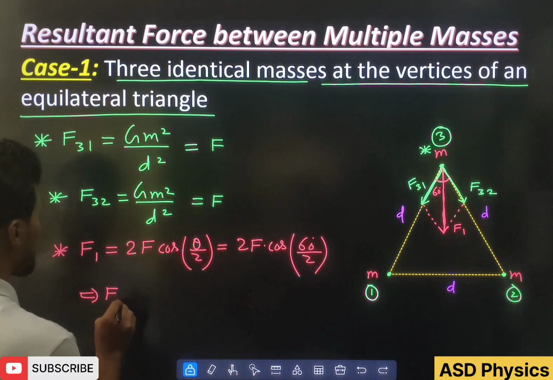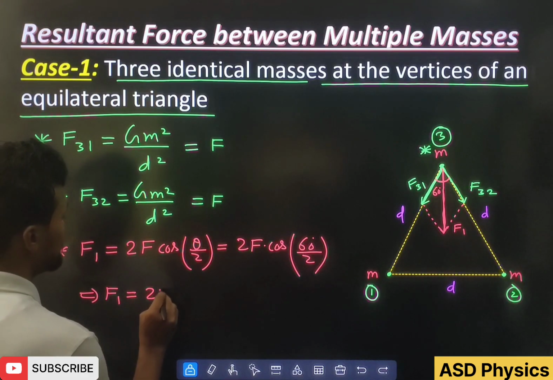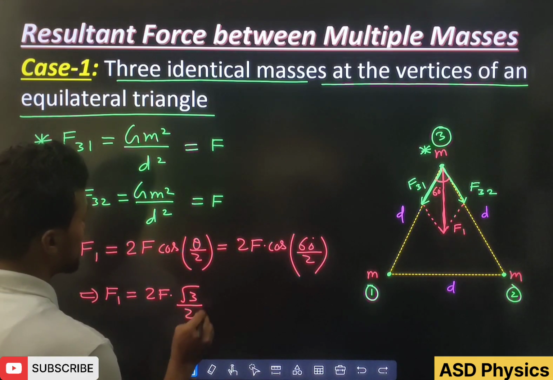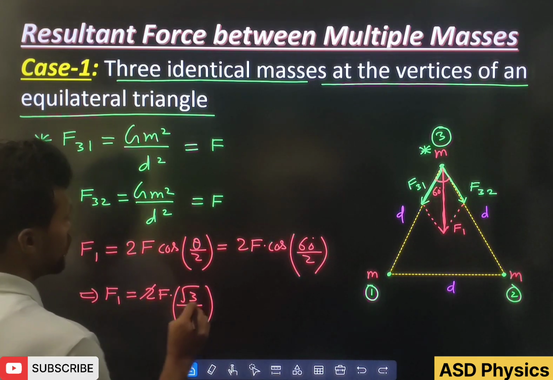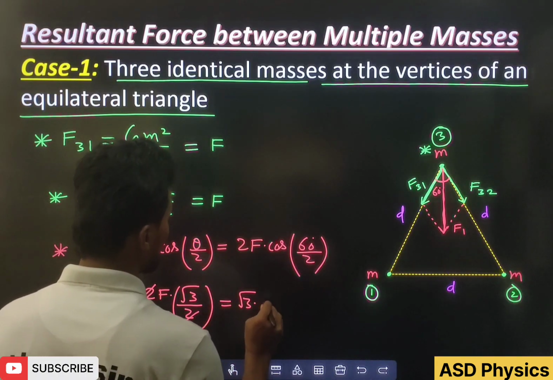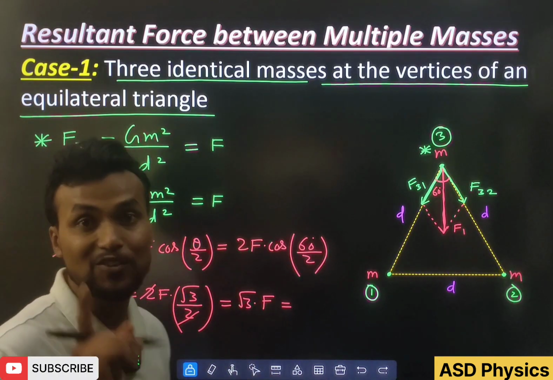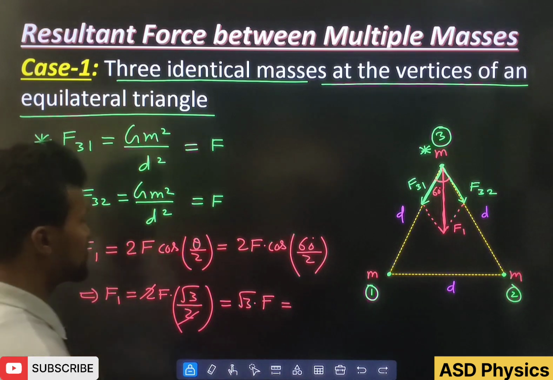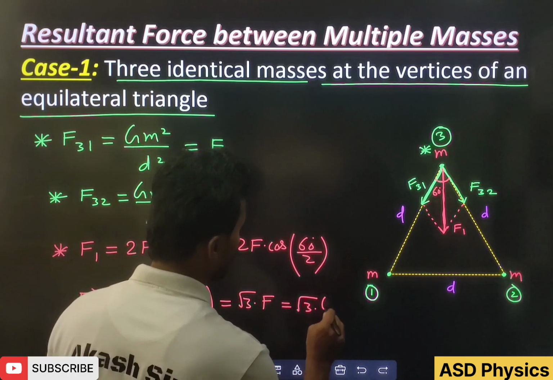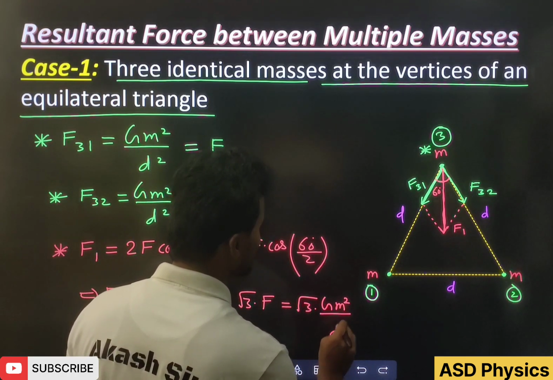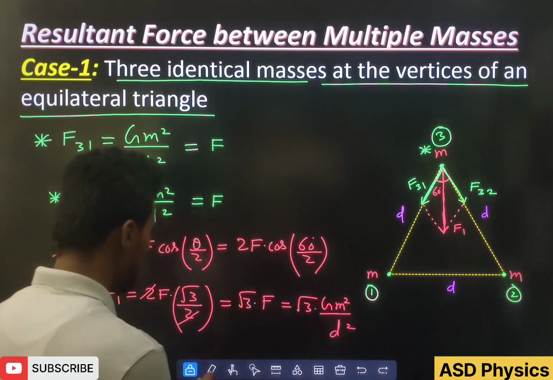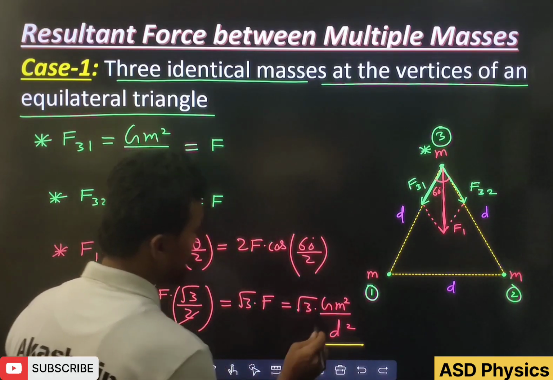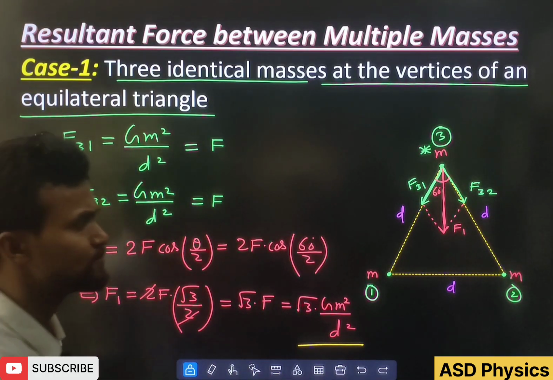So F1 is 2F into root 3 by 2. This 2 and 2 cancel, so it becomes root 3 F. And what is the value of F? You know very well, G m square by D square, so it becomes root 3 into G m square by D square. This is the formula, remember that, very, very important, magnitude wise, F1.